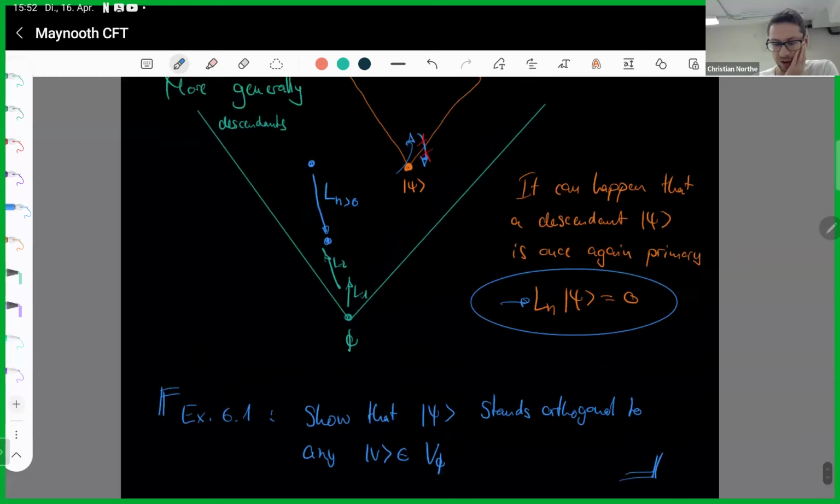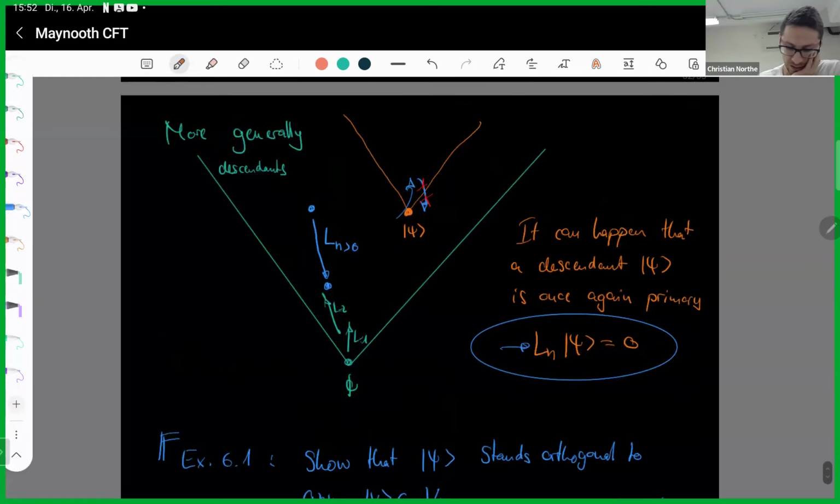Okay, so this is very dramatic, right? It means that nothing inside here really talks to anything in the Verma module area, so they are disconnected.